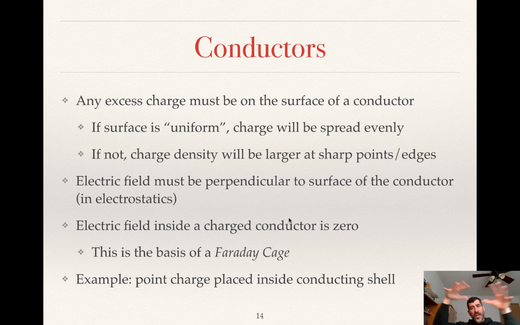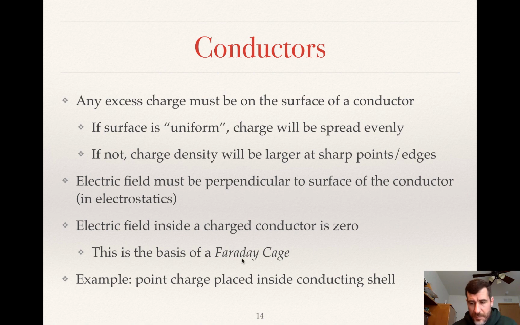You can imagine drawing your Gaussian surface just inside the conductor. Now you're inside the surface, so there's no charge inside. And if there's no charge inside, then the electric flux inside has to be zero. And again, if it's spherical, the symmetry says that the field then has to be zero. And this is the basis of something called a Faraday cage, which is a way you can shield out electric fields.